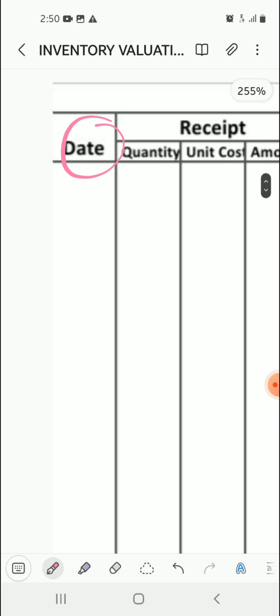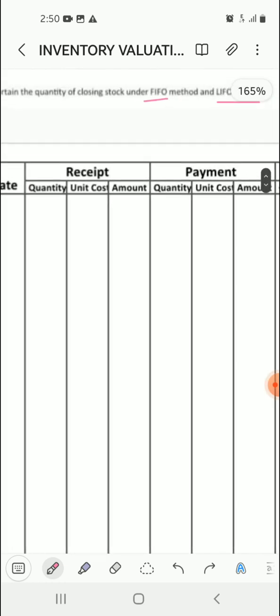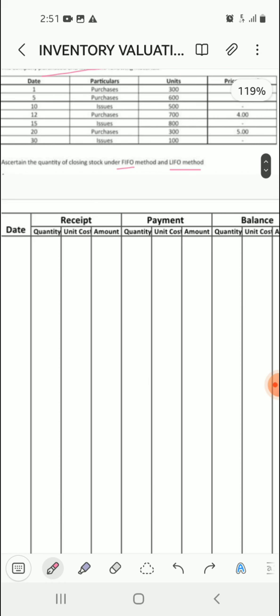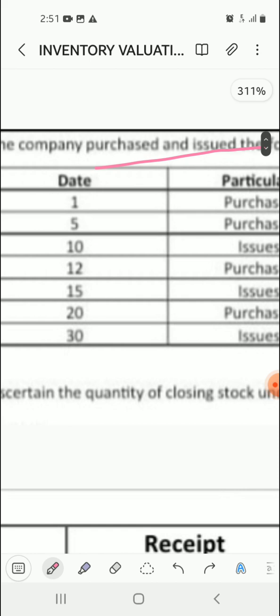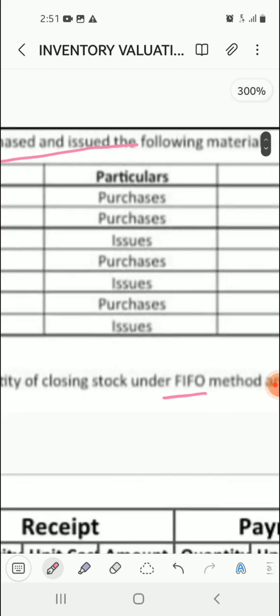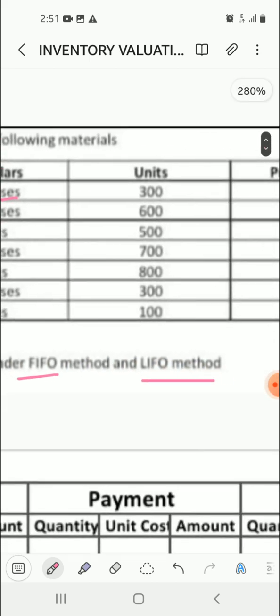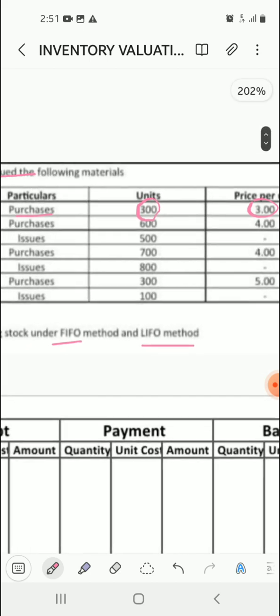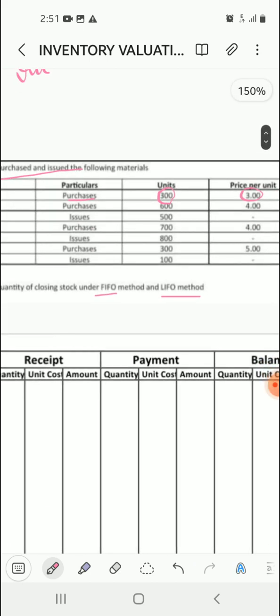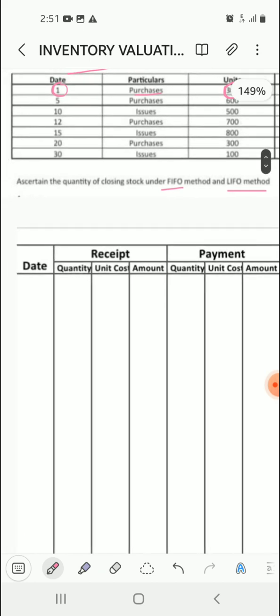It is common for all three: the receipt, the payment, and the balance. We will start from the first question. On the date 1, there is a purchase of 300 units, and the price per unit is 3. So first we are going to write it in the receipt column.